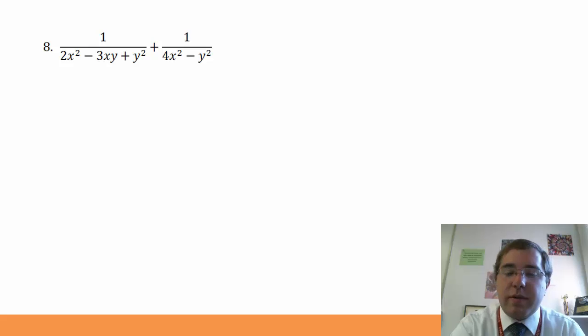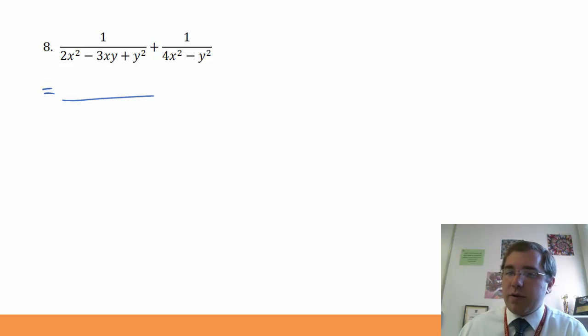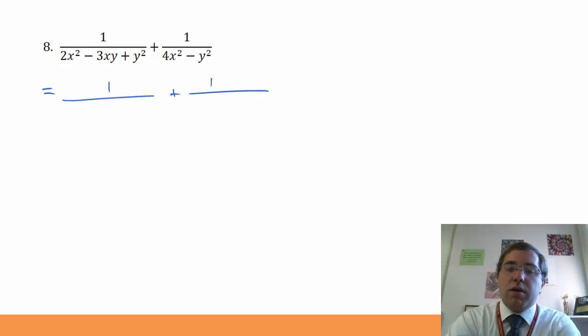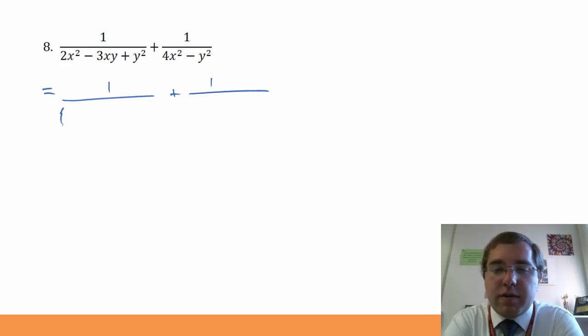1 over 2x squared minus 3xy plus y squared plus 1 over 4x squared minus y squared. So we need a common denominator. We're going to factor the two denominators that we have. 2x squared minus 3xy plus y squared.